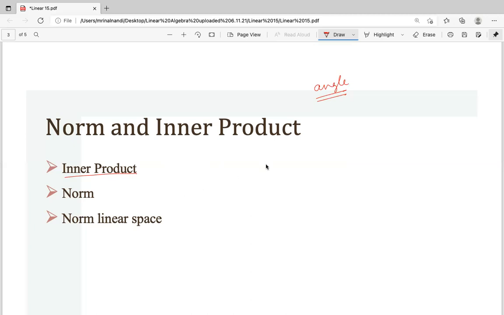So what is inner product? Formally, inner product is defined if V is a vector space. By the way, a distance need not be defined on a vector space, it can be on just any set. But to define a norm or an inner product, you need a vector space.